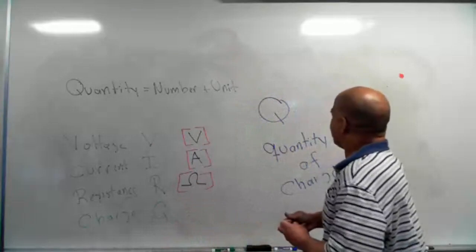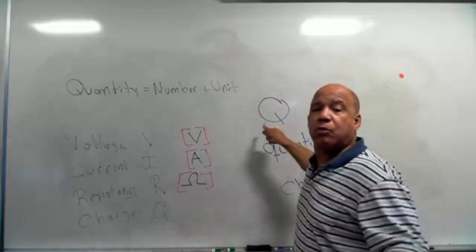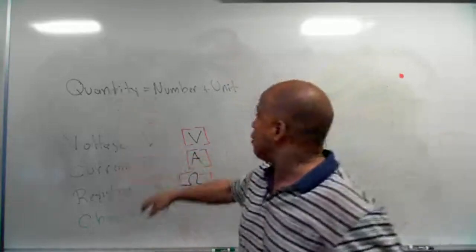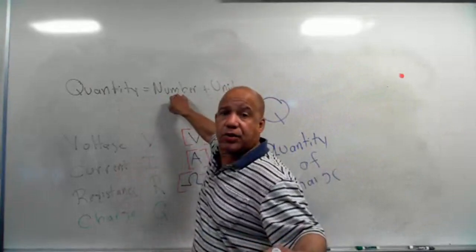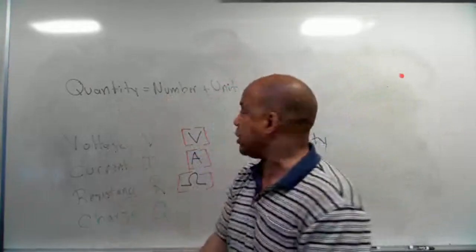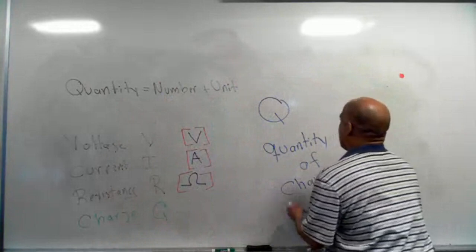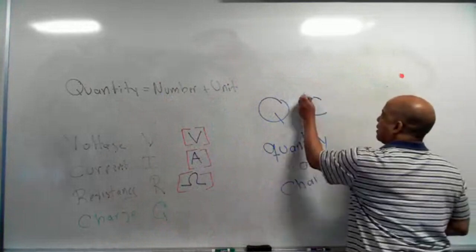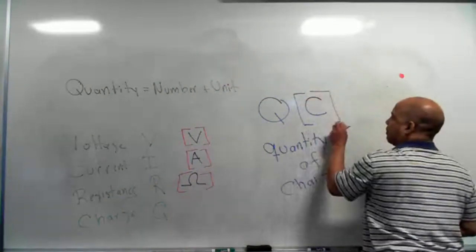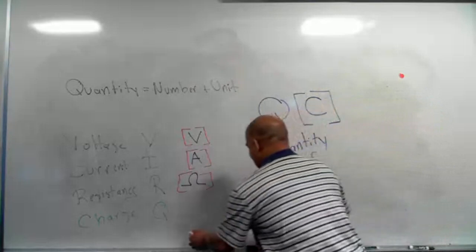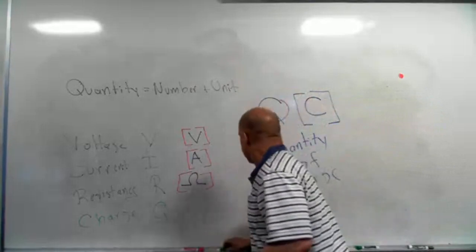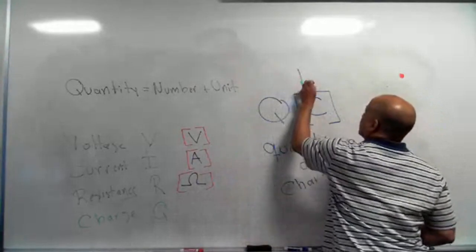So what I'm saying here is, we use a Q to represent the quantity of charge, but the unit for charge, we use a capital C. Capital C. So that's a unit. And that C stands for coulomb. Coulombs.